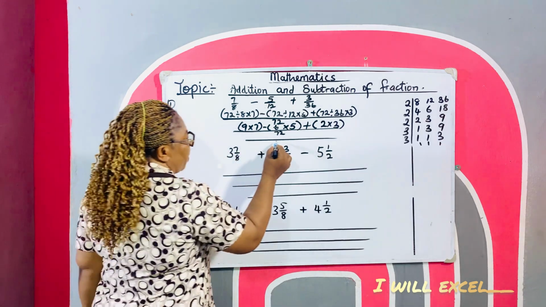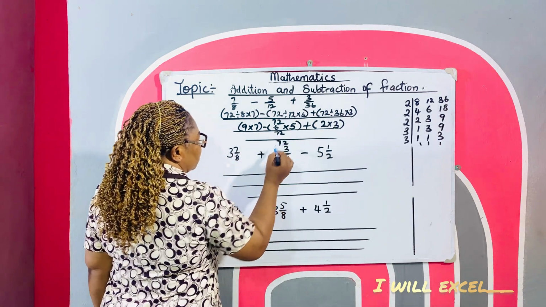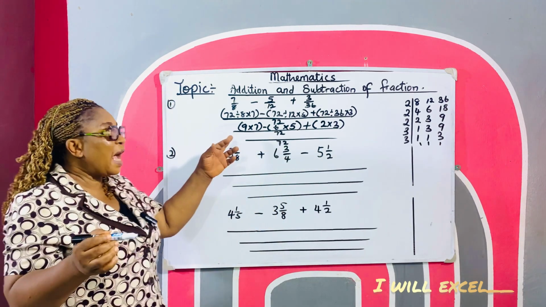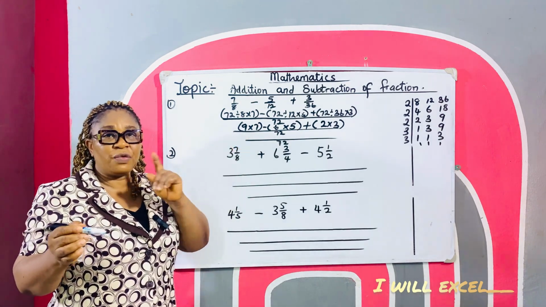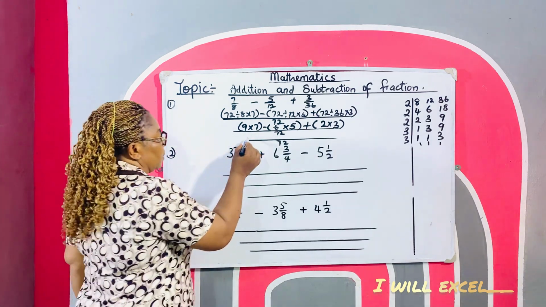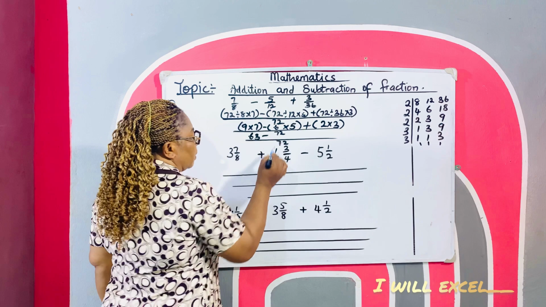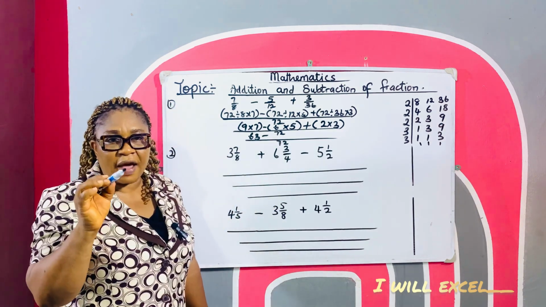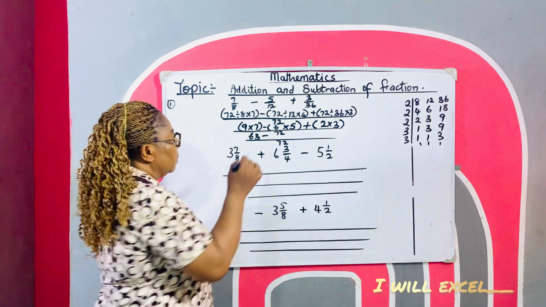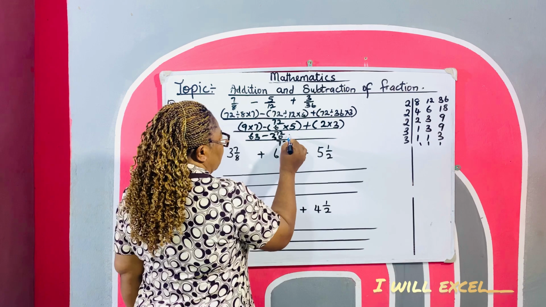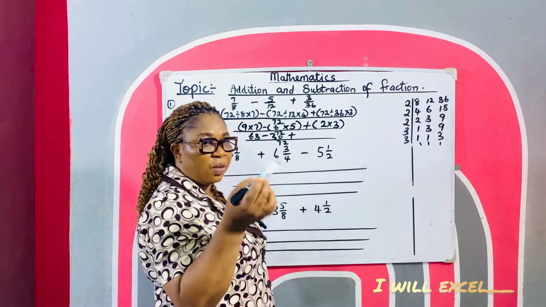Now the LCM remains 72. 9 times 7 will give you 63. 63 minus 6 times 5 will give you 30. 30 plus 2 times 3 will give you 6.